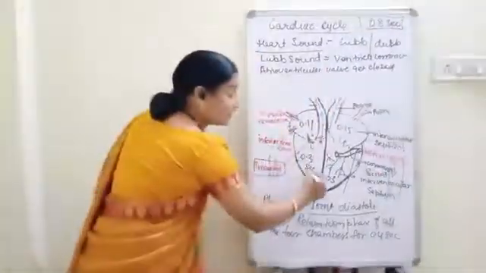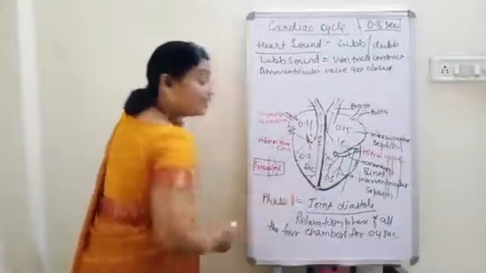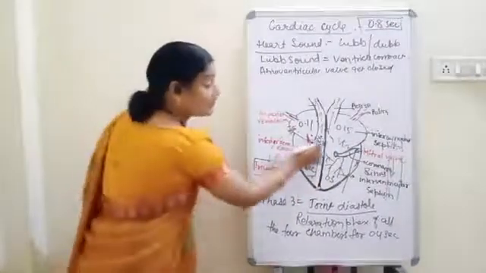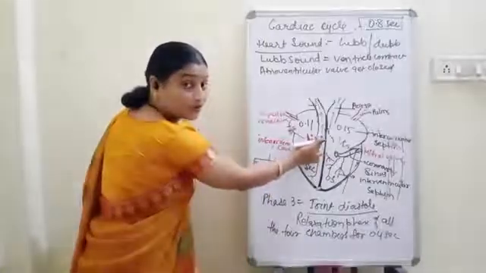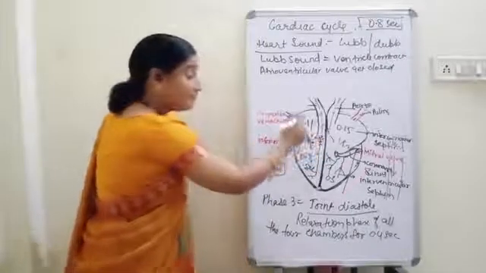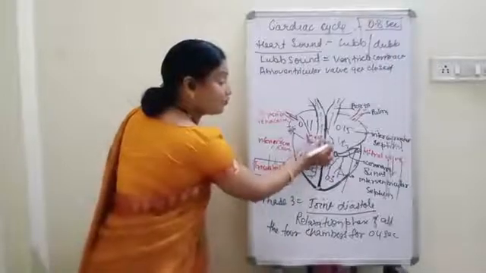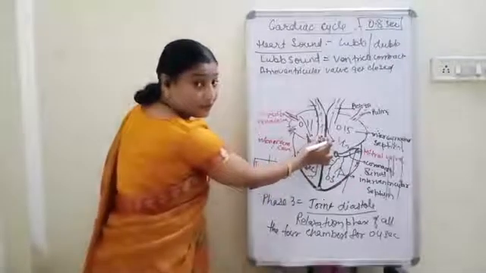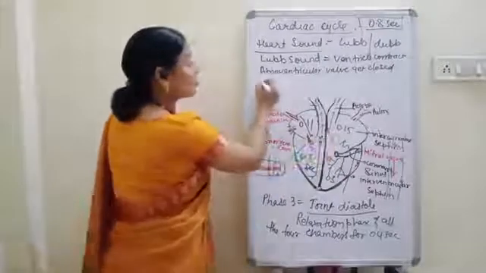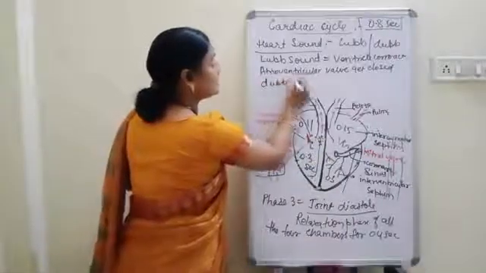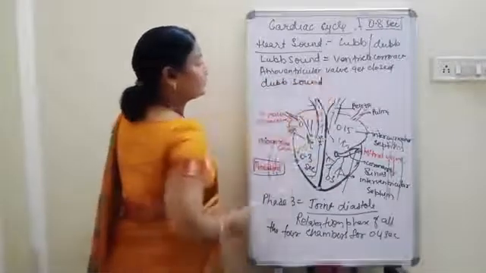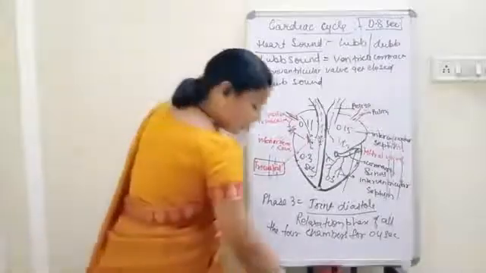Okay, when the blood starts moving here, at that time, this valve get closed. Clear? When the blood pours here, this valve get open and this semilunar valve get closed. That is called the dub sound. So, what is this dub?